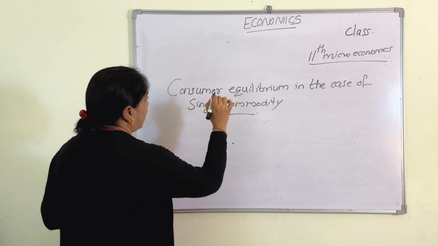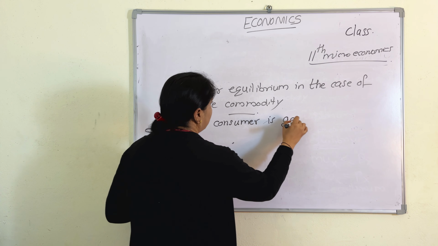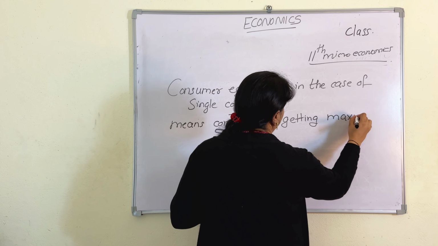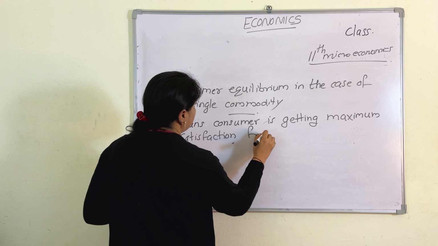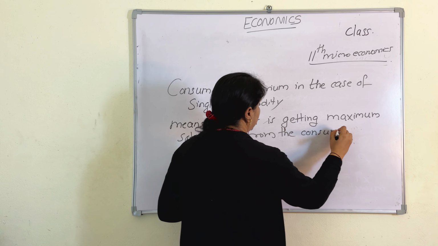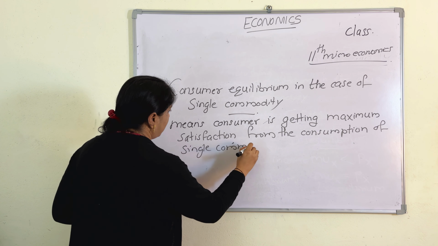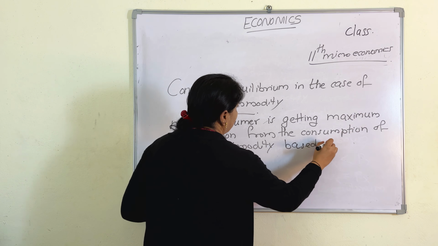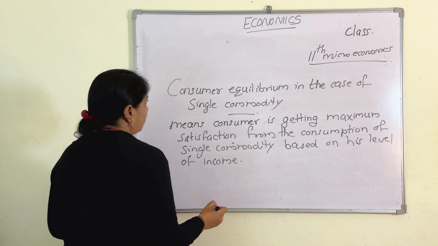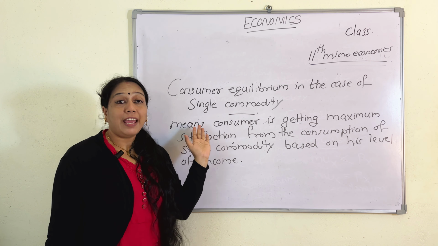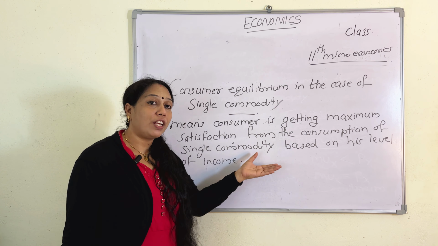So consumer equilibrium in the case of a single commodity means a consumer is getting maximum satisfaction or maximum utility from the consumption of a single commodity based on his level of income.